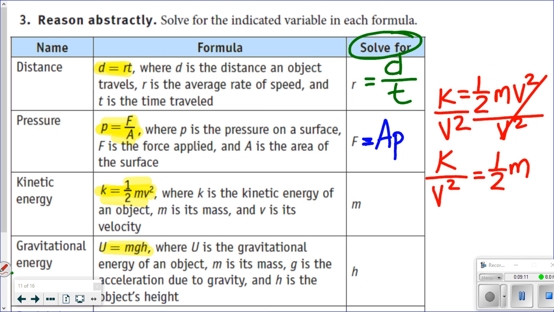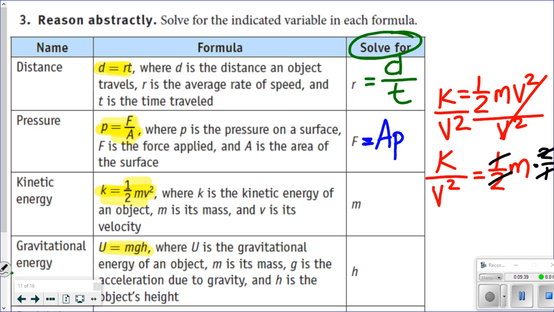Now, at the beginning of the school year, we had a worksheet that taught us how to get rid of fractions. And it said multiply by the reciprocal, which means flip the fraction. So in order to get rid of this 1/2 and get m by itself, we want to multiply by 2 over 1, which is the same thing as multiplying by 2. So these cancel.